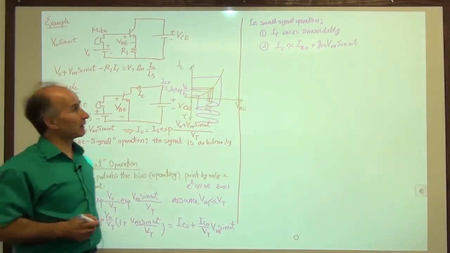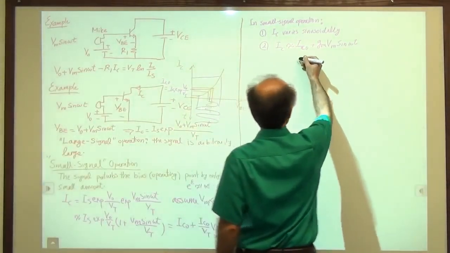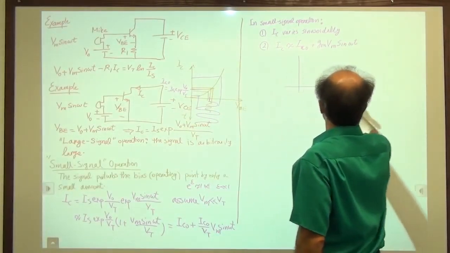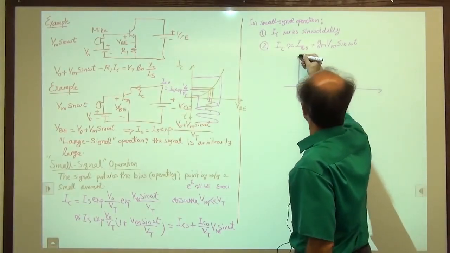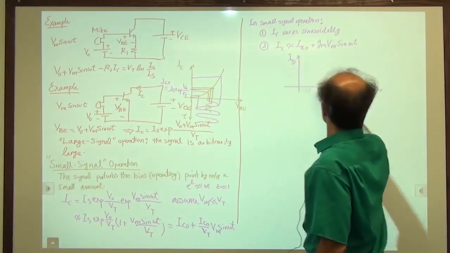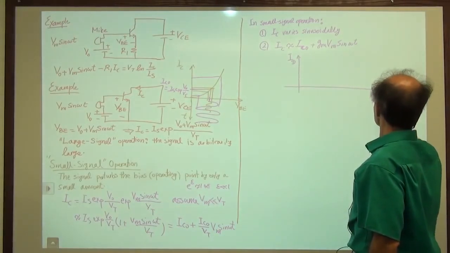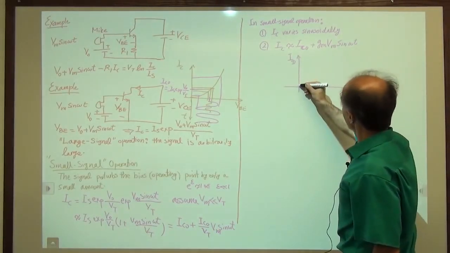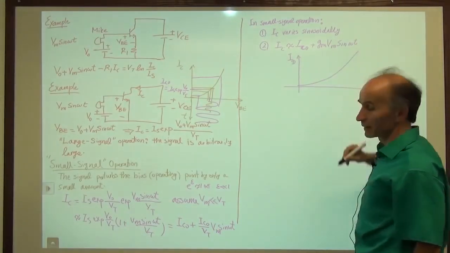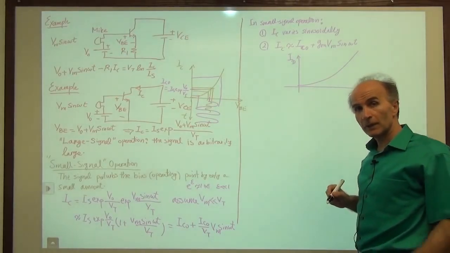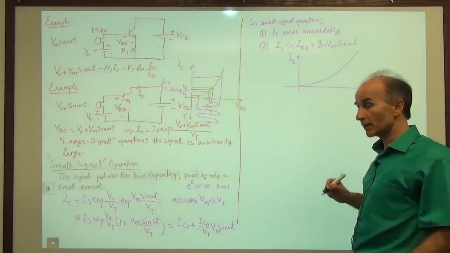Now, graphically, this should not be very surprising. Here's what's going on. So again, if I draw ID versus VBE, we have an exponential function, and we are assuming a small perturbation.